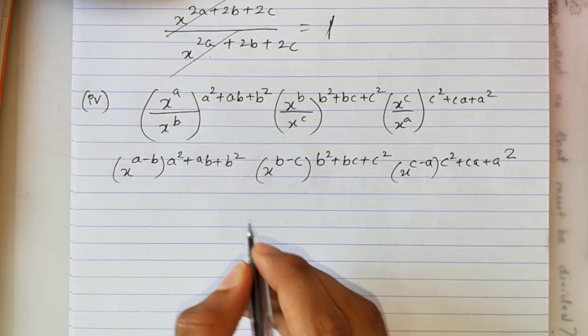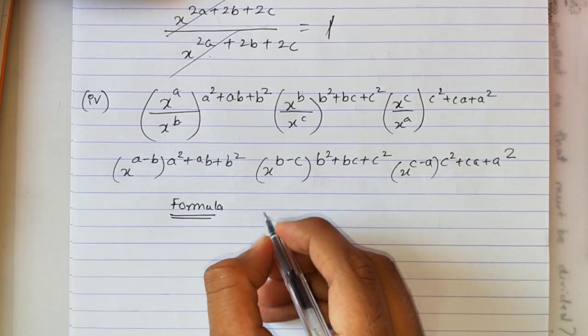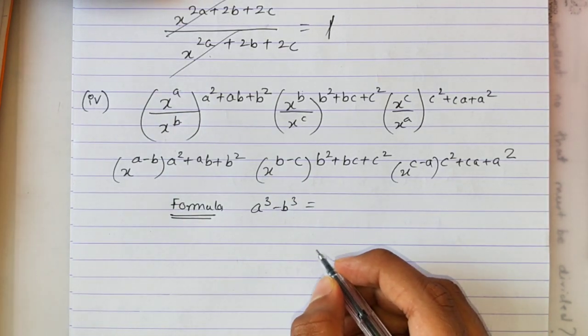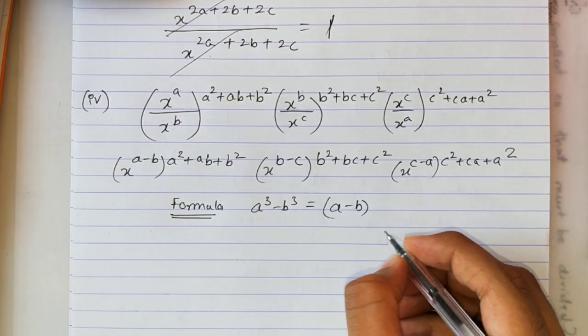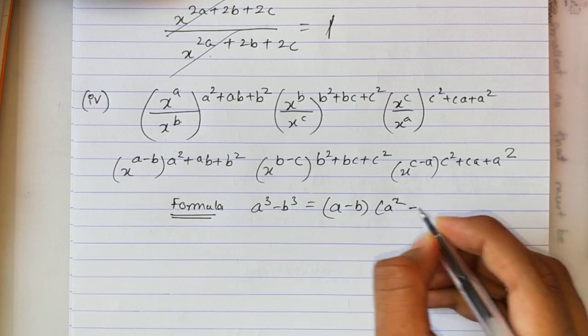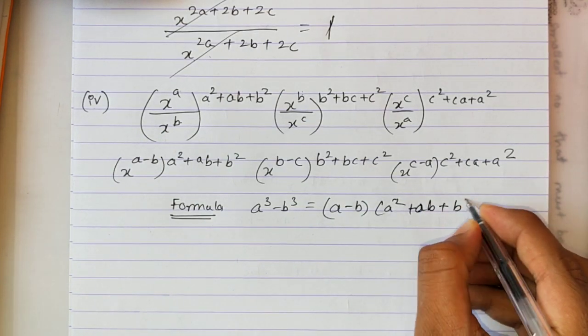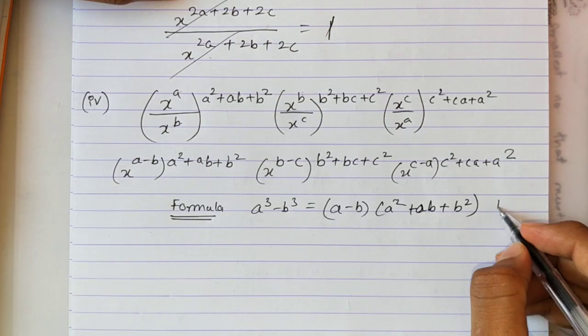now the most important part, the formula. A cube minus b cube. There is a formula for a cube minus b cube, and that is a minus b, a square plus ab plus b square. This is the formula which you have to learn.